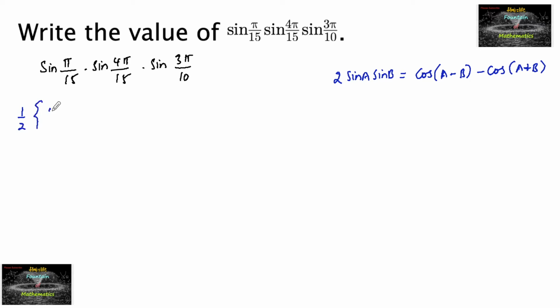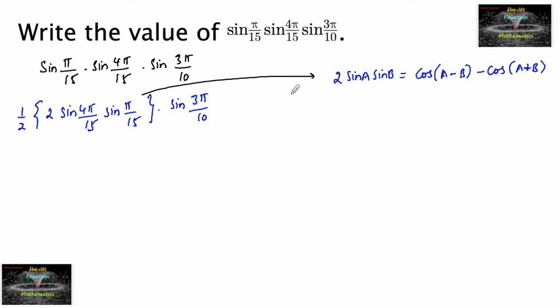So 1 by 2 times 2 sine 4 pi by 15 into sine pi by 15 into sine 3 pi by 10. So let us apply the formula here, 2 sin A sin B, where A is equal to 4 pi by 15 and B is equal to pi by 15.